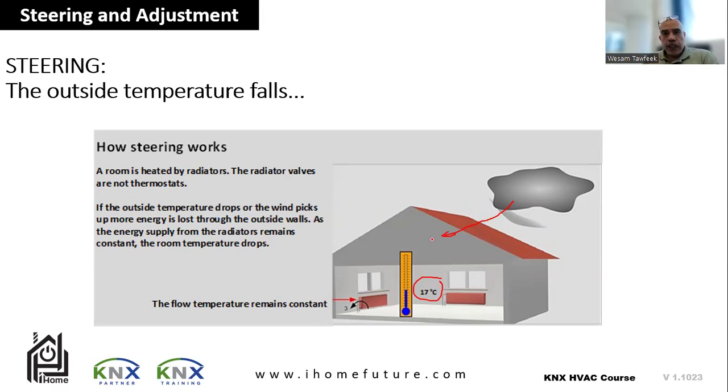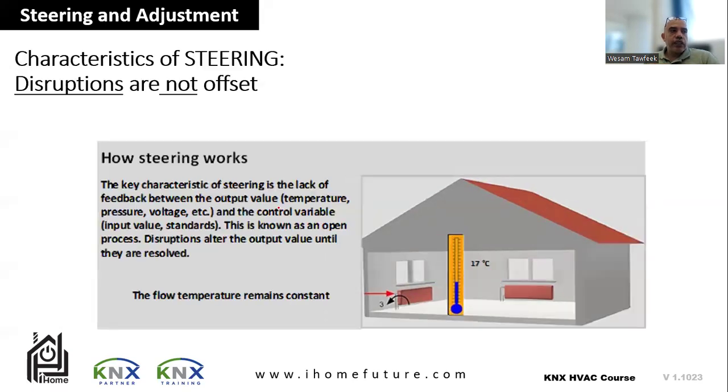The idea here is that I did not adjust my temperature based on the external factors. So I did not react to the external factors, okay? This is why they call it steering. Steering meaning what? I did not get any feedback. To explain it more, in steering, disruptions are not offset, meaning that any external factor to my calculation, I did not try to countermeasure.